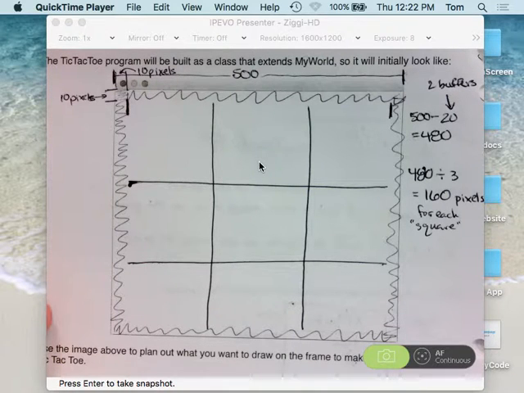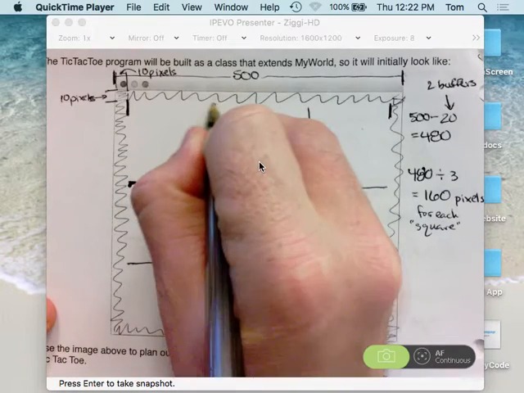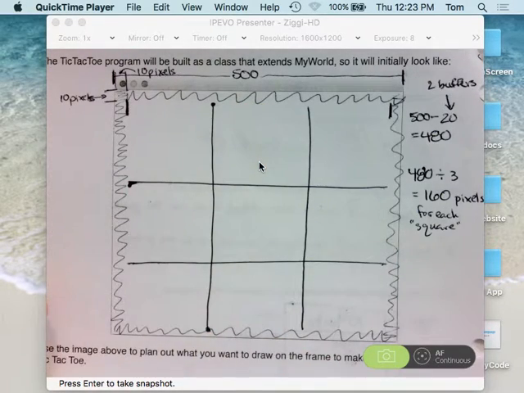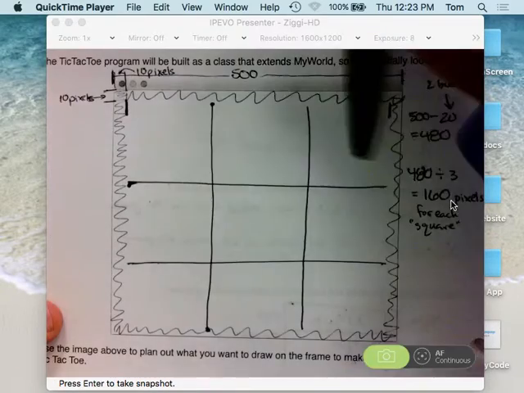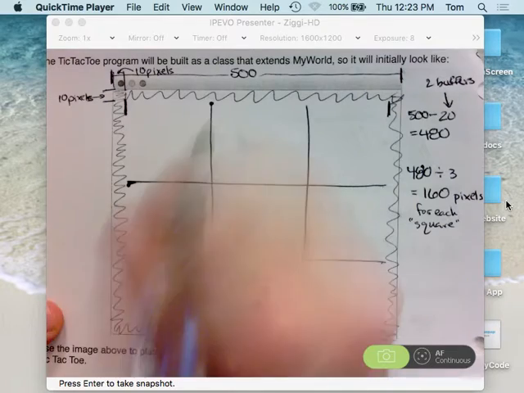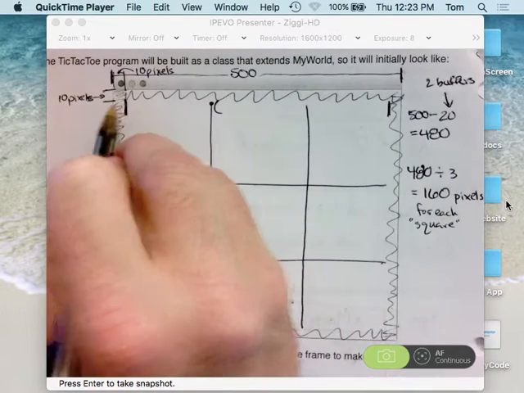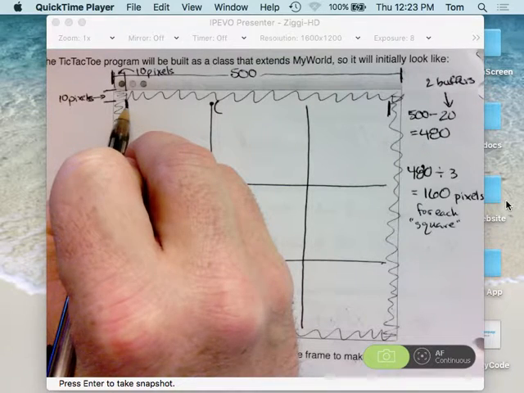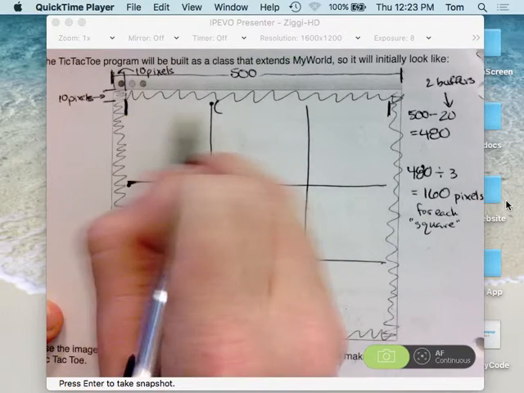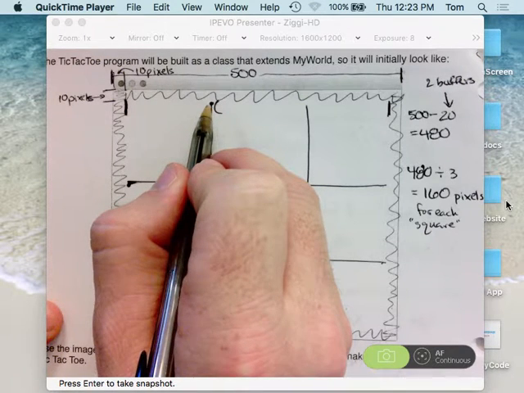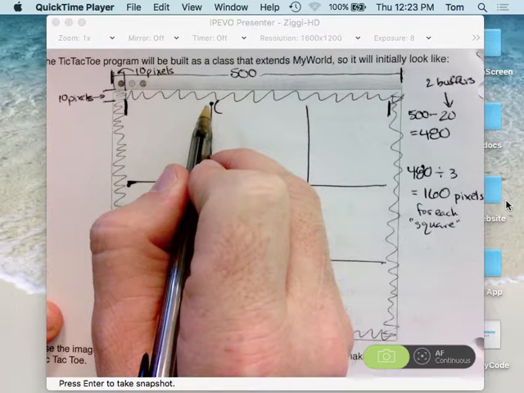All right, so what we want to do is plan out how we're going to draw this line and then do the same thing for each line that we have. If this point right here is at x equals 10 and this is 160 pixels across, then what is the x coordinate of that point right there? 170, right?